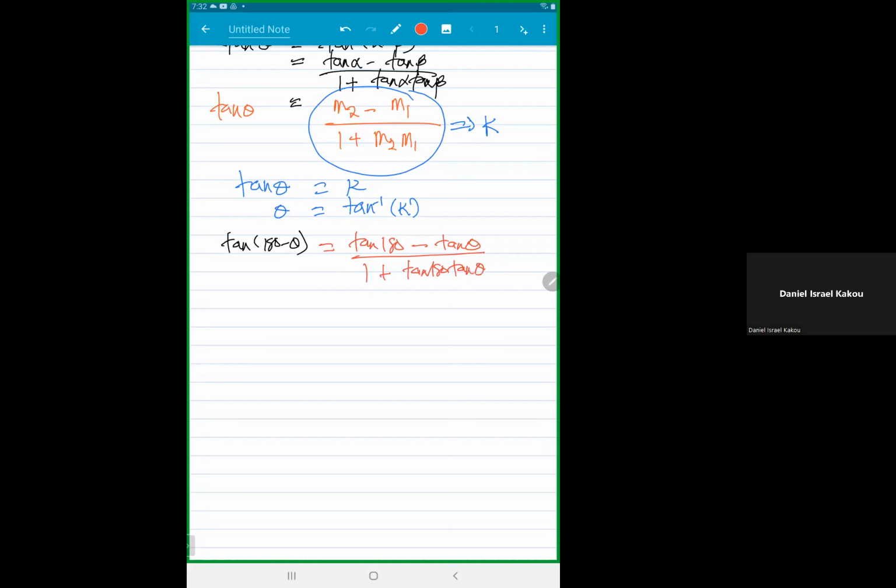And tan 180 is actually 0, so the numerator is left with minus tan theta.